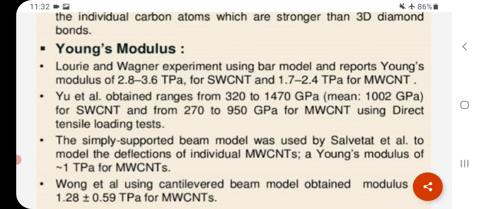Its range obtained is from 320 to 1470 gigapascal for single wall carbon nanotube. The simply supported beam model was used to model the deflections of individual multi-wall carbon nanotubes and Young's modulus of multi-wall carbon nanotubes.